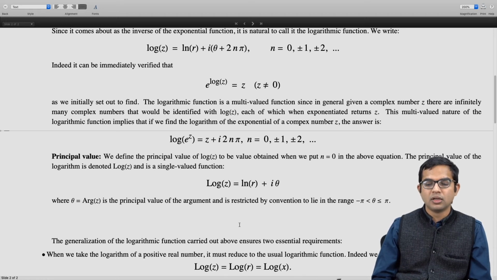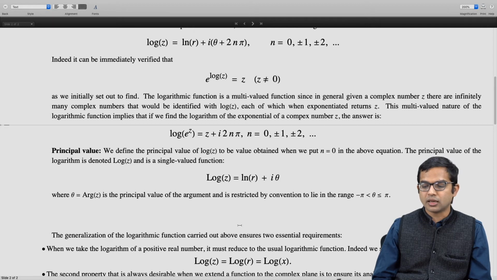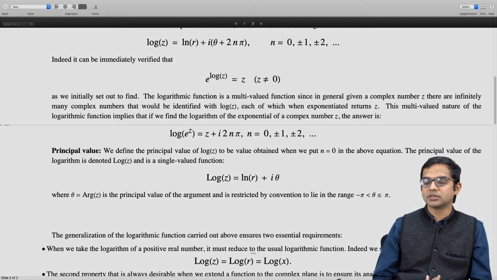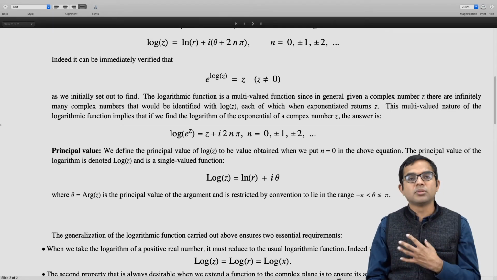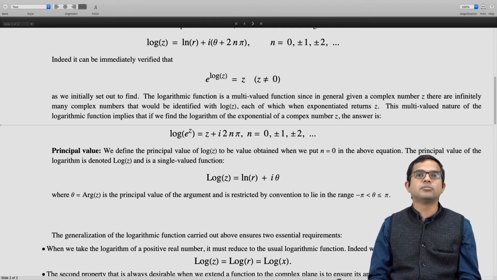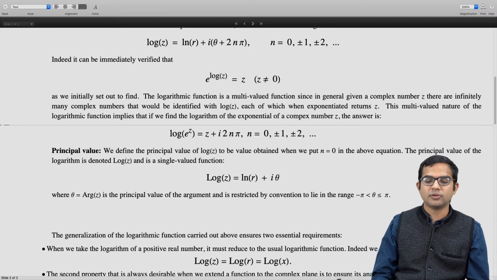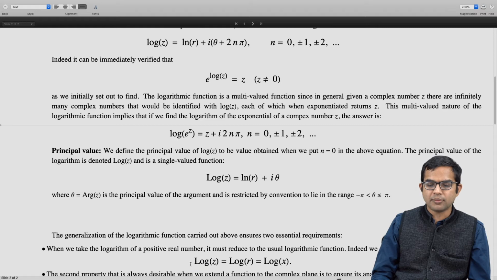But first of all, let us point out that this log function will indeed reduce to the usual logarithmic function if you have z equal to x greater than 0, right? You have a real positive number, it must give us the same logarithm that we are already familiar with. And if you're dealing with capital Log, it's just ln r as we know it, right?